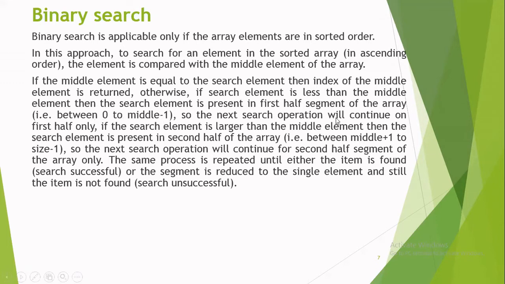So the next search operation will continue only on the first half of the array. The remaining half will be neglected by this binary searching technique. If the search element is larger than the middle element, then the search element is obviously present in the second half of the array, whose index values run between middle +1 to the end of the array, that is size -1.